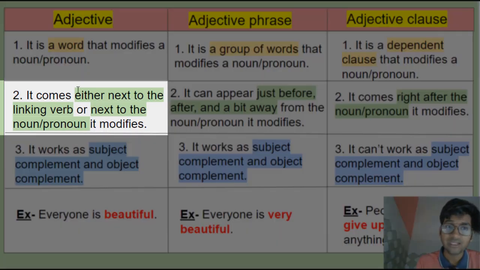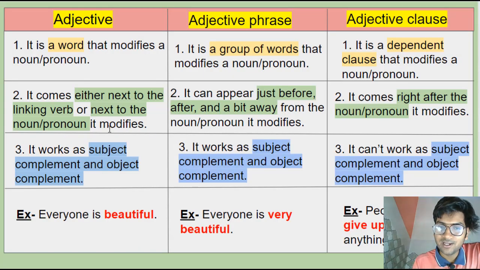Point number two, an adjective comes either next to the linking verb. When does it happen? When it works as a subject complement, it comes right next to the linking verb. When it works as an object complement, it comes next to the noun or pronoun it modifies, which is the direct object, right? I'll give you examples, don't worry.